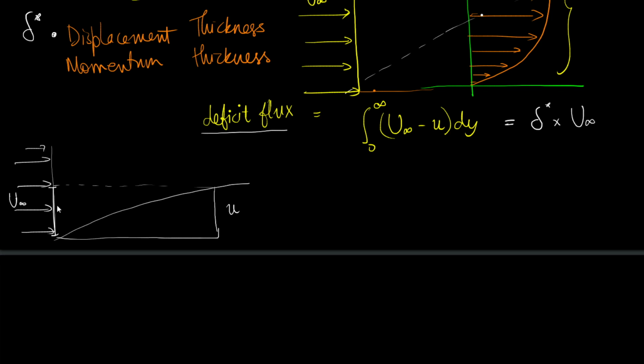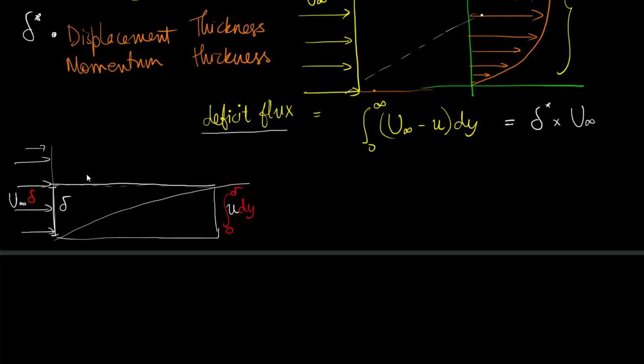So suppose let me call this height as h. So u infinity into h comes in, integral 0 to, not h, delta. So I am taking the same height. So this will be u infinity times delta, and this will be integral u dy going from 0 to delta.